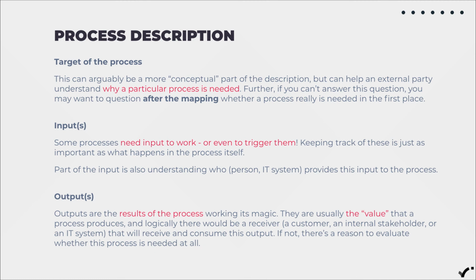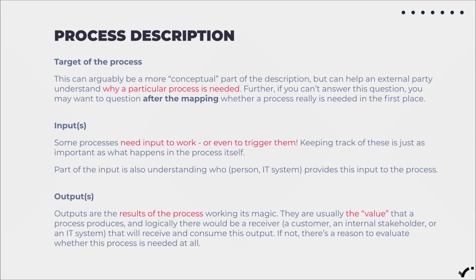Then you have inputs and outputs. These are pretty self-explanatory. Inputs are all the information, or documents, or in whichever form they come, that are needed for the process to work. If you are processing an invoice, then you would need information like the order number or who's the customer, etc. The output is the information that the process gives, and again, in whichever form, it can be the invoice itself, can be the document, can be some other bit of information like the invoice number.